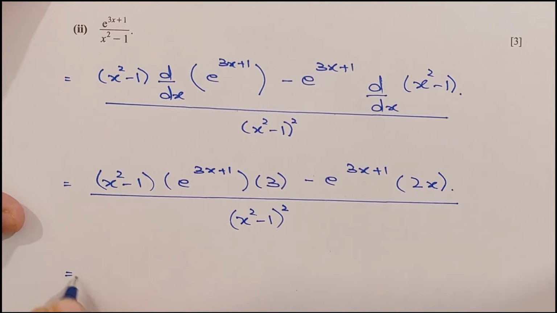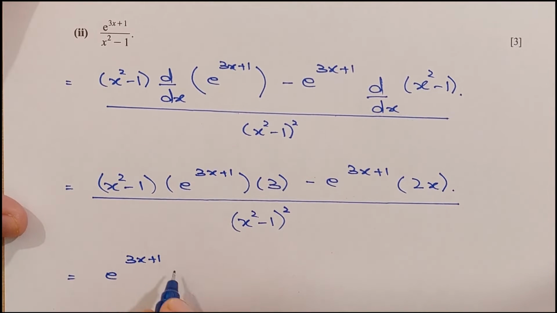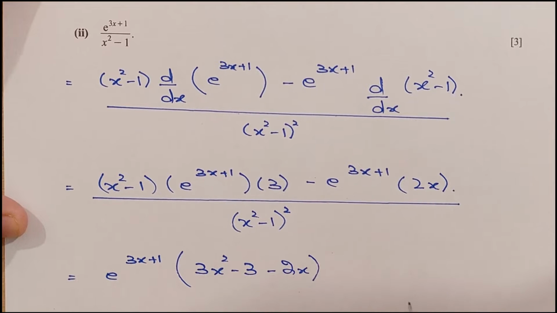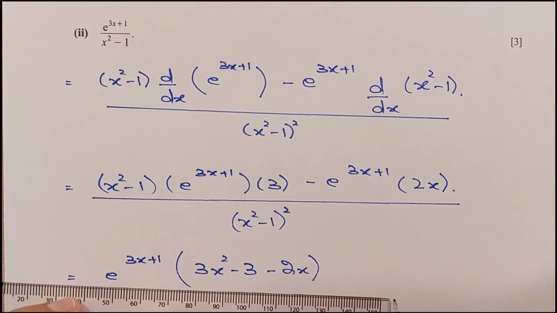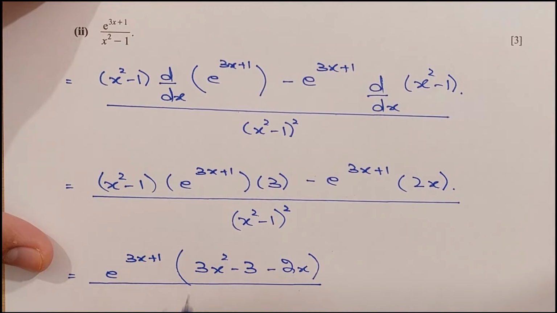Okay, for this simplification, let me take e power 3x plus 1 common because it is in both terms. We have 3x square minus 3 minus 2x, and then divide it by x square minus 1 whole square.